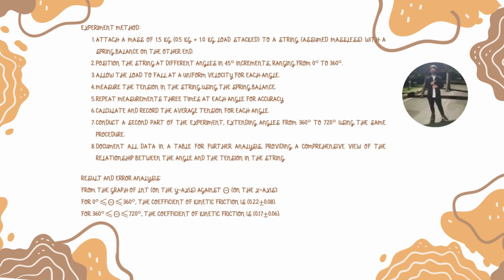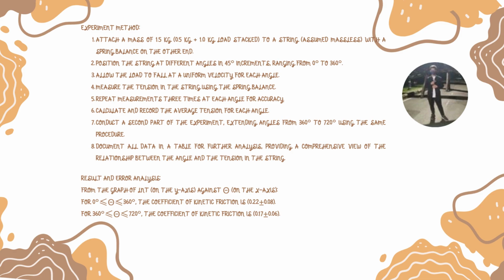For the experiment, a mass of 1.5 kilograms, consisting of a 0.5 kilogram and 1 kilogram load stacked together, was attached to a string, assumed to be massless, with a spring balance on the other end. The string was positioned at different angles in increments of 45 degrees, ranging from 0 degrees to 360 degrees.